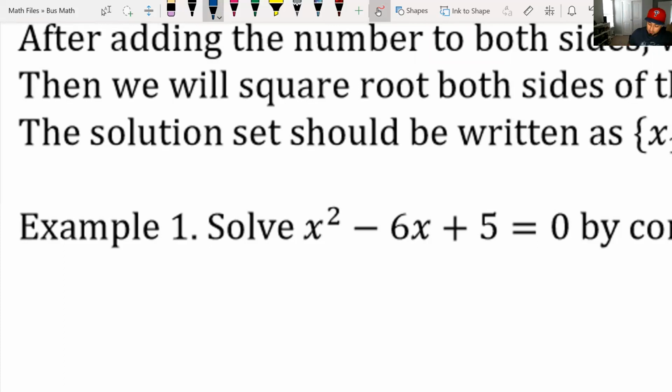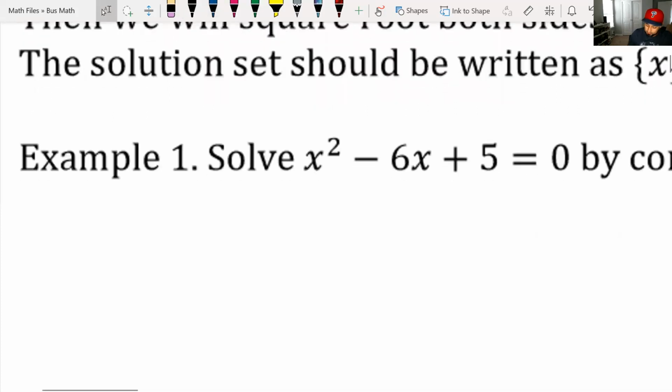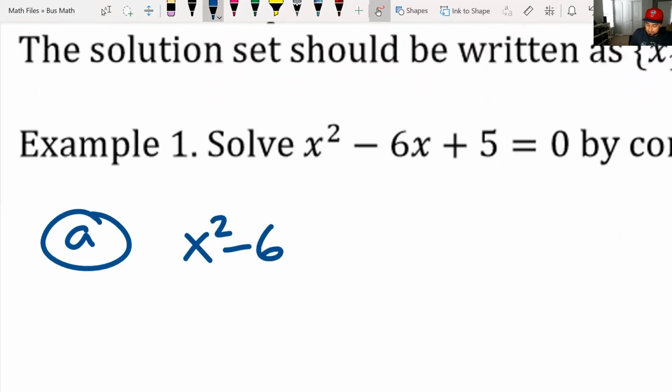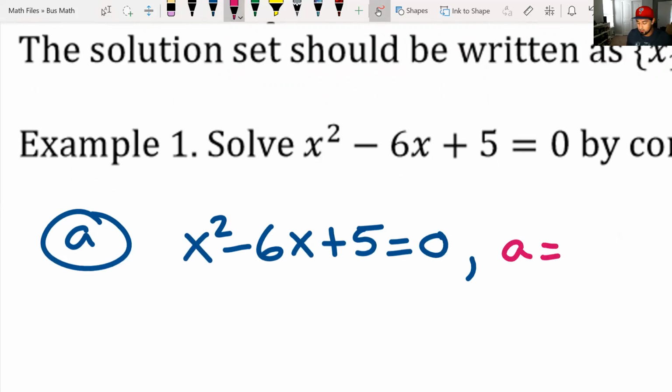And if it is, we can move on to the next step. So step A, we have x squared minus 6x plus 5 equal to 0. Our coefficient, a, is 1, which is perfect.